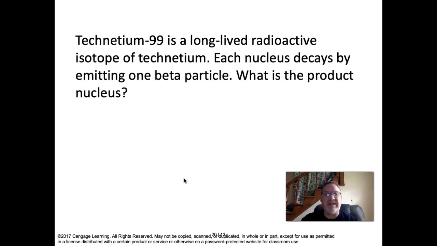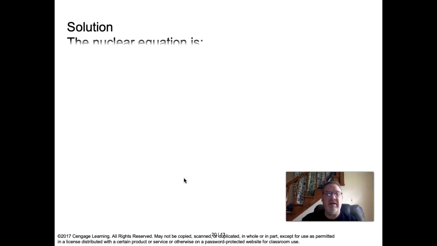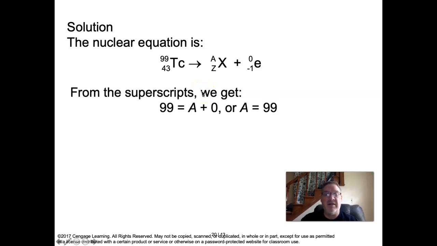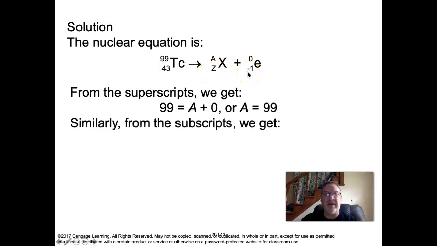And again, here's another example, this time with technetium-99. Here now we're trying to find the new element that gets formed. Again, we add up the mass numbers, make sure they're constant on both sides. The atomic numbers, here it's 43. So we need to find something plus a -1 equals 43.